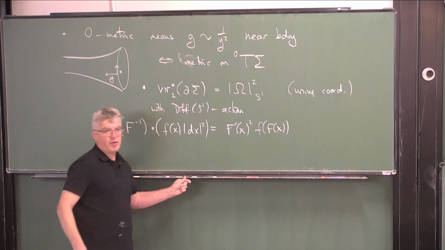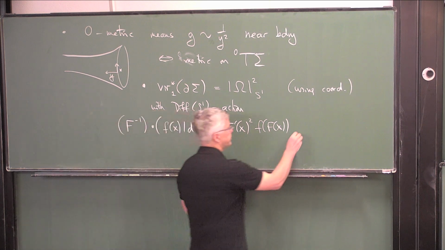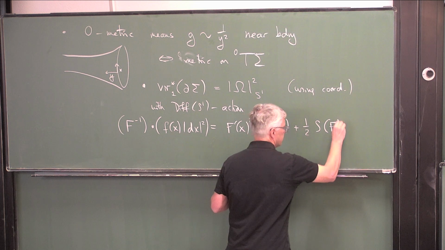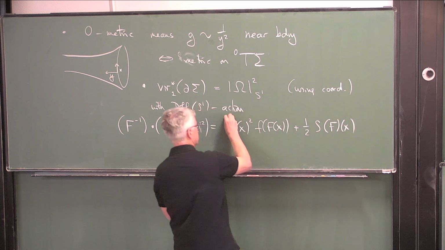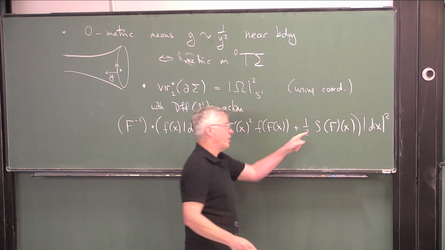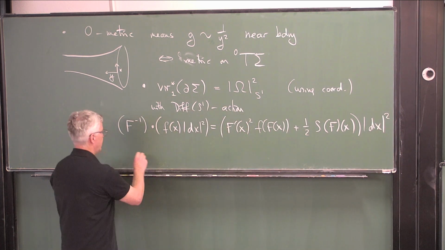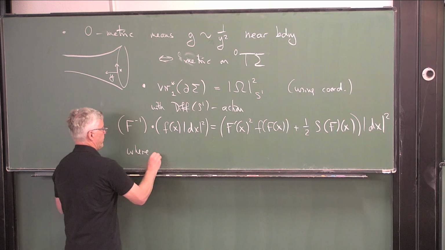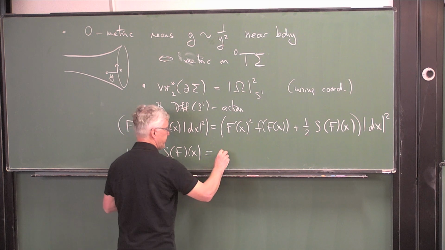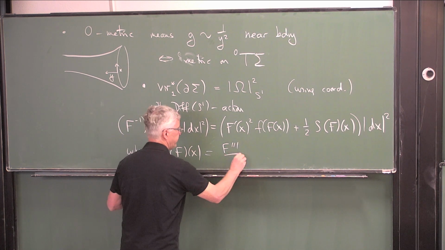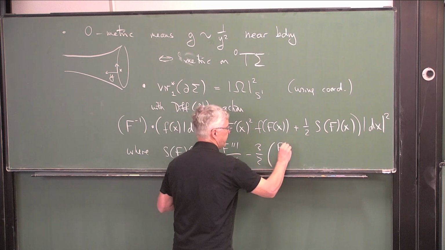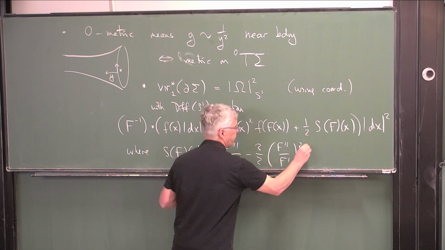And then there's the term with the Schwarzian derivative, where S is the Schwarzian derivative. This famous expression, third derivative of f over f prime, minus 3/2 over f prime squared.